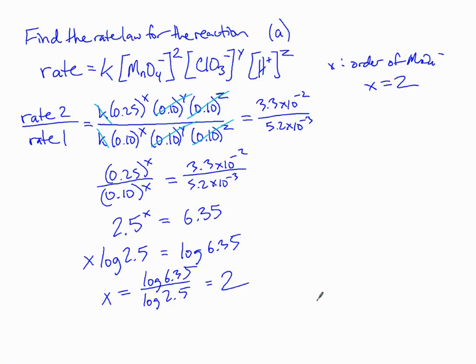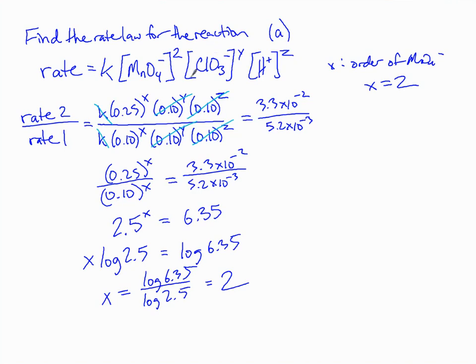Okay, so this is AP Chemistry section 2-1. We're in the middle of example 2 on the backside, and we were looking for the rate law of the reaction. What we have so far is the rate equals K, a constant, times the concentration of permanganate, and we just found that permanganate is second order.